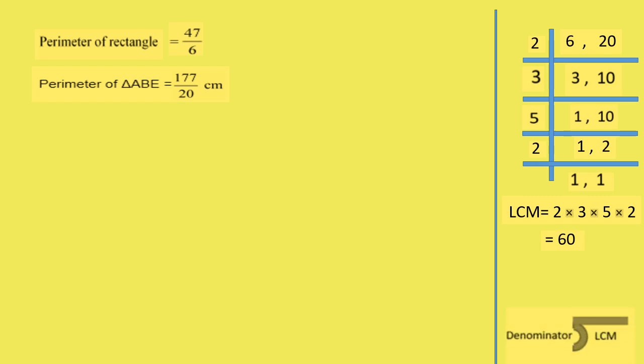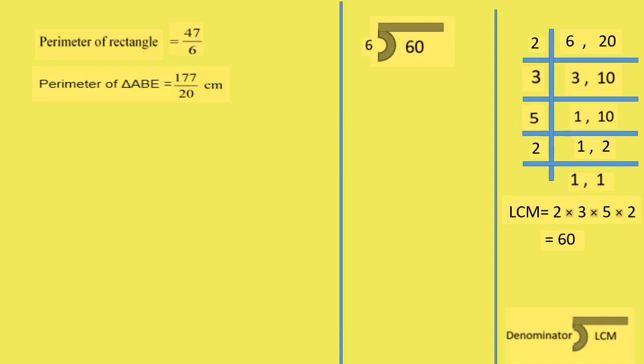Here is the format. Now first I'll take the rectangle. 60 is the LCM. I'll write it inside, and the denominator of the perimeter of the rectangle is 6. I'll write it outside. 6 1s are 6. Then 0 will come down. So now I have to do one step.